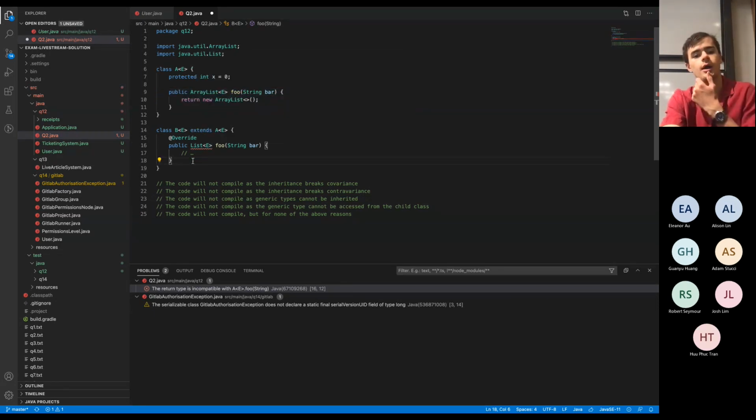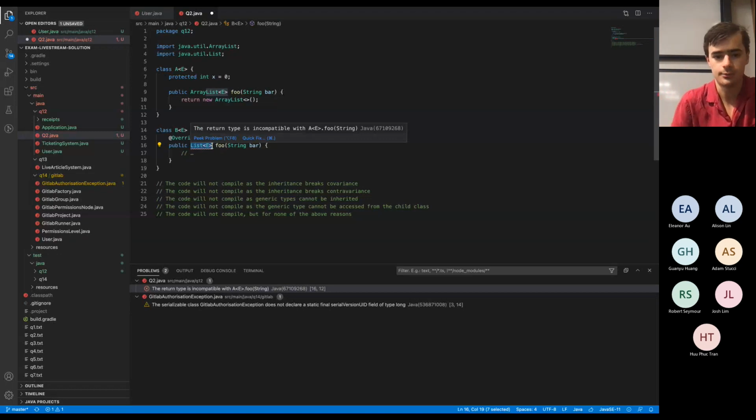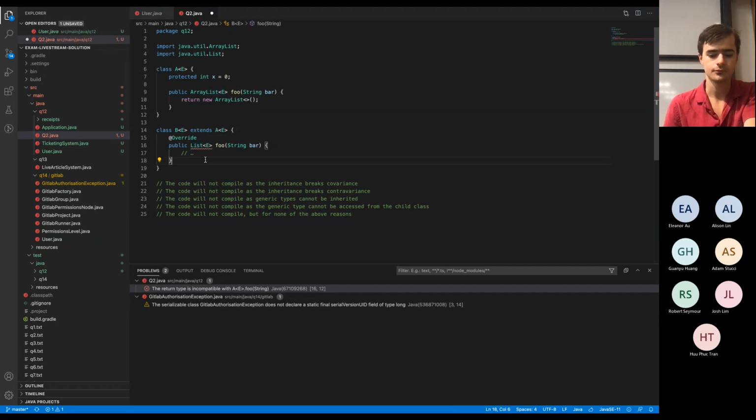And in this case, we return an array list in our superclass. And then in the subclass, we say, okay, now I want to return a new type, or I want to return a list. And you think, well, lists and array lists are kind of related, so that should be fine. That's not fine, though. There's a problem. And the problem is, according to the Liskov substitution principle, all subtypes must be substitutable for their base type.